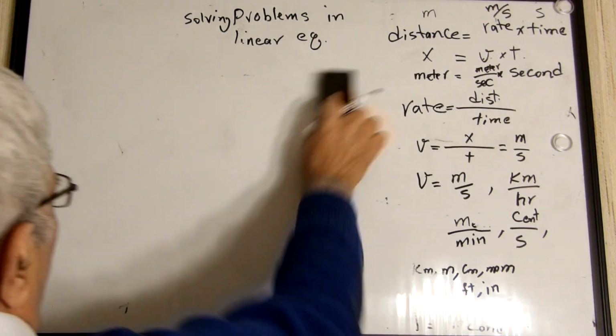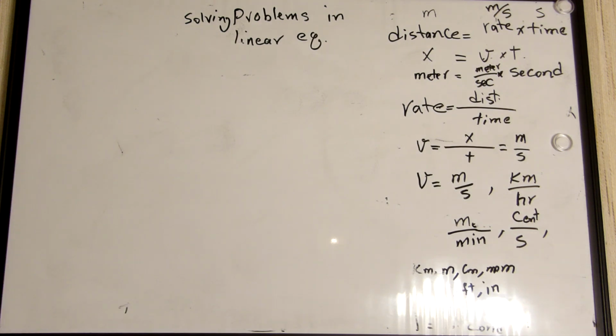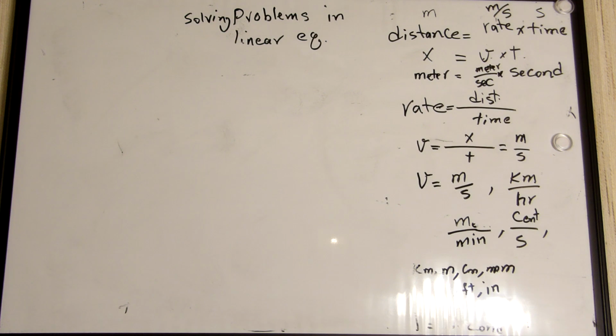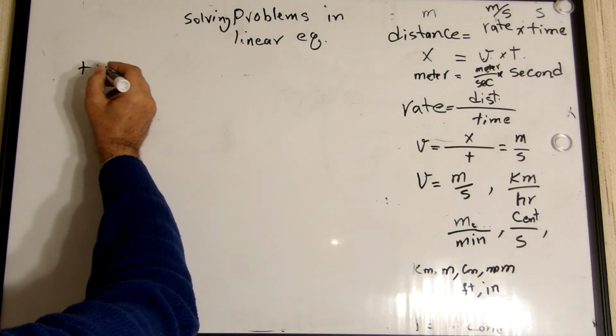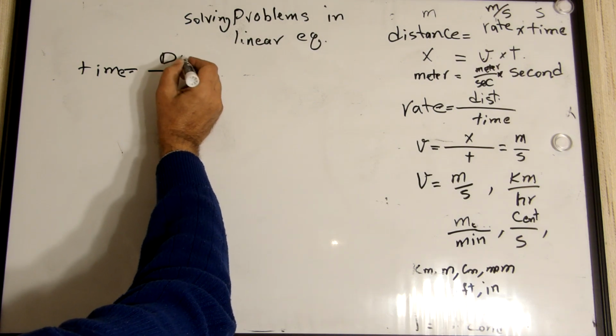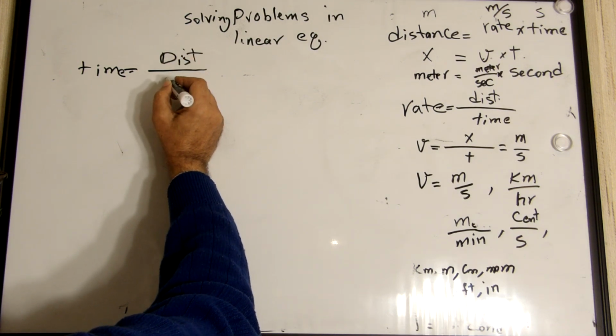So these are the things, just to show you the relation of the velocity, and also talk about the time. What is time? Time is going to be distance divided by the rate, or the velocity.